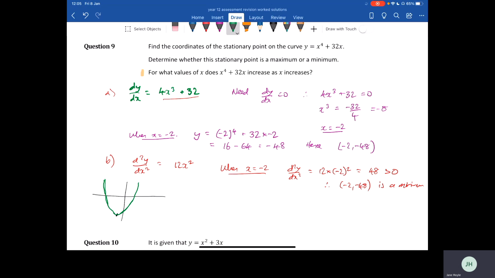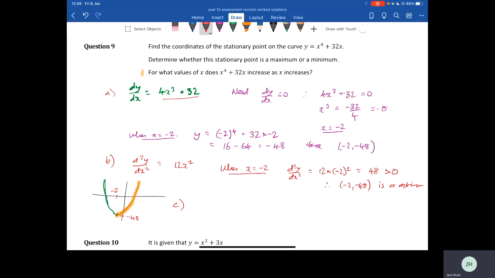A quartic equation is similar to a quadratic. When does it increase? Well, this is the minimum, -48 and -2. I can see that it increases for this section of the graph here because it's just going up. It is increasing, isn't it?